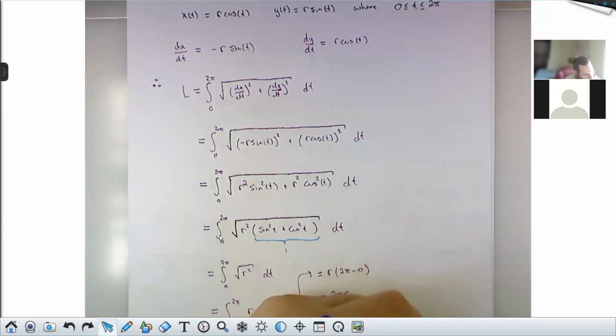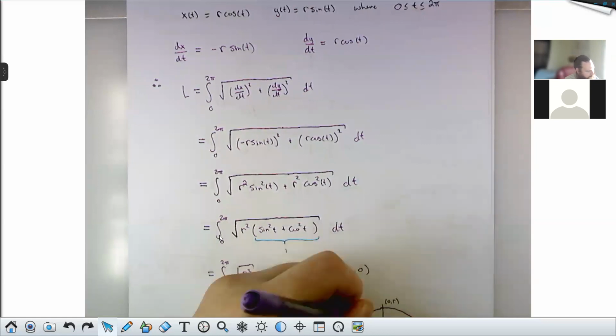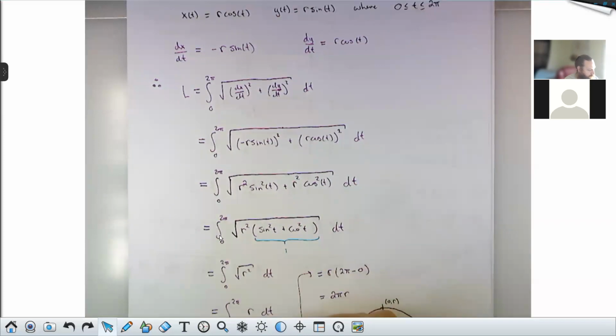This is a circle of radius r that we traverse exactly once.